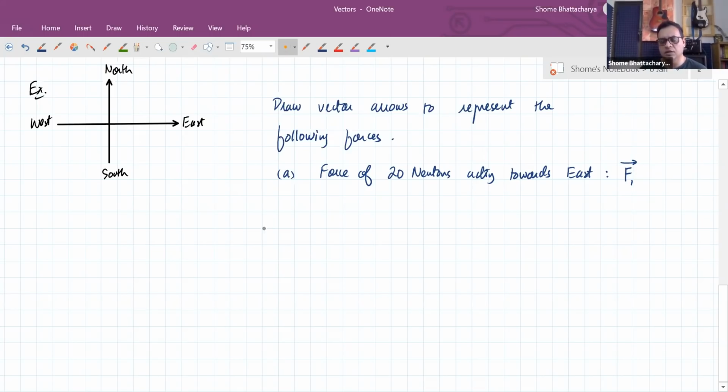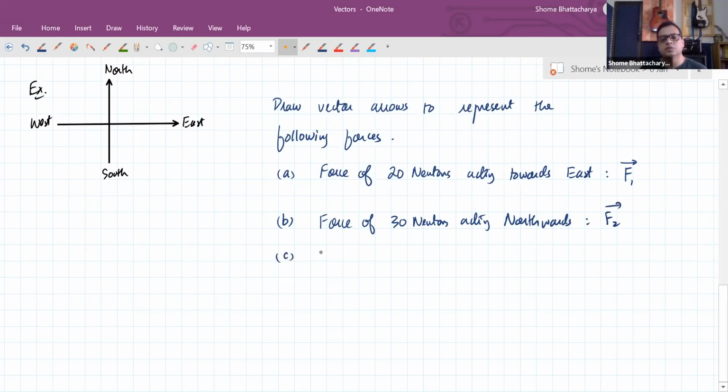So this symbol, as I'm sure all of you are aware, is the symbol for a vector quantity. And secondly, we want to represent a force of, let us say, 30 newtons acting northwards, F2.